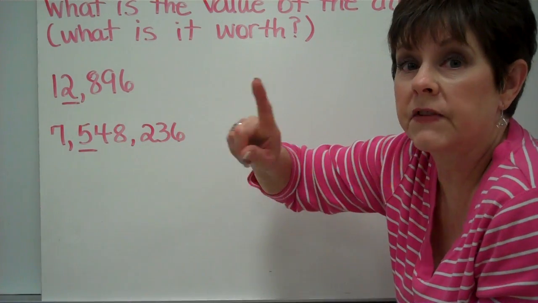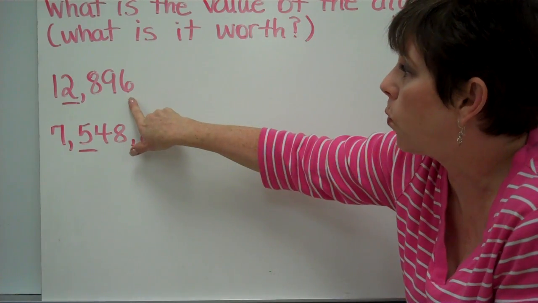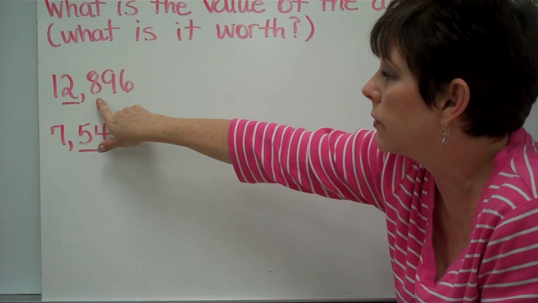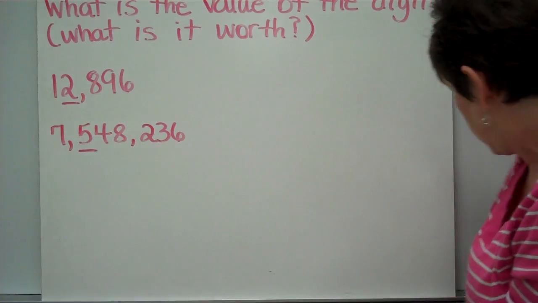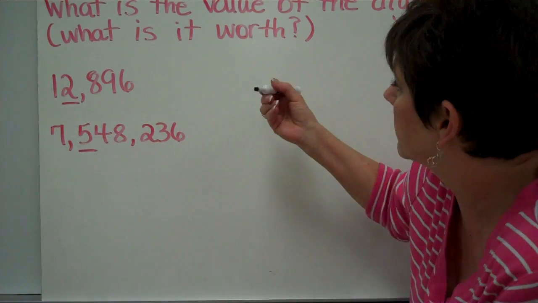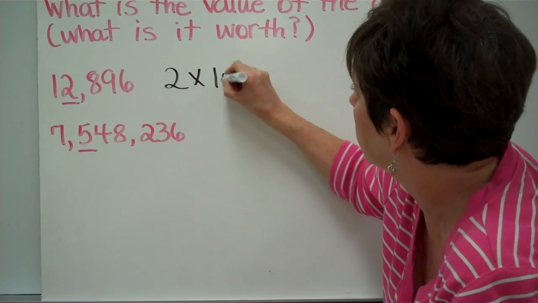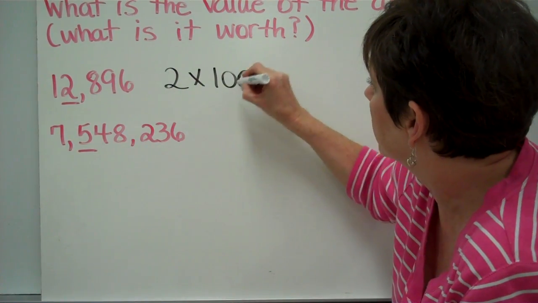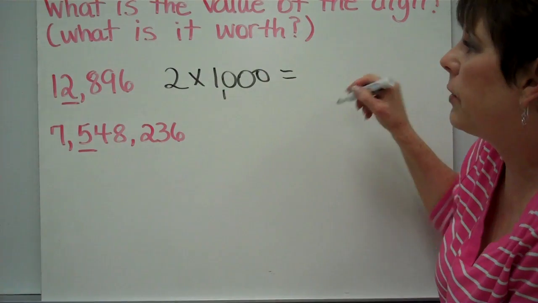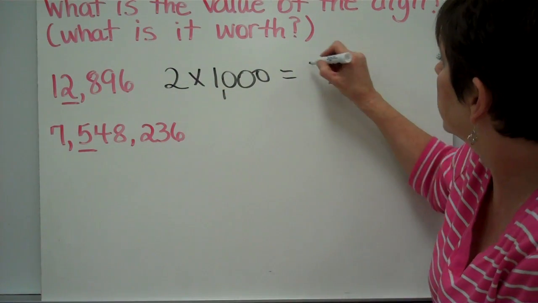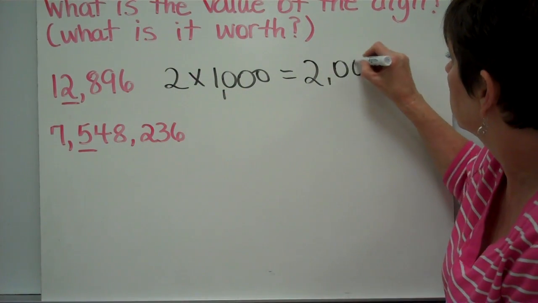Well, first of all, let's find out what the place is. Here's ones, tens, hundreds, thousands. All right, we know it's in the thousands place. The number is a 2, so 2 times 1,000, the value of that digit is 2,000.